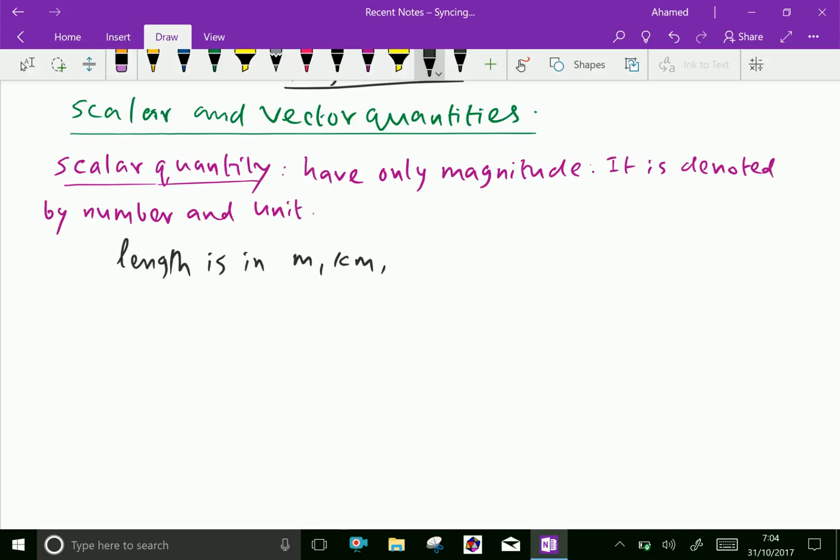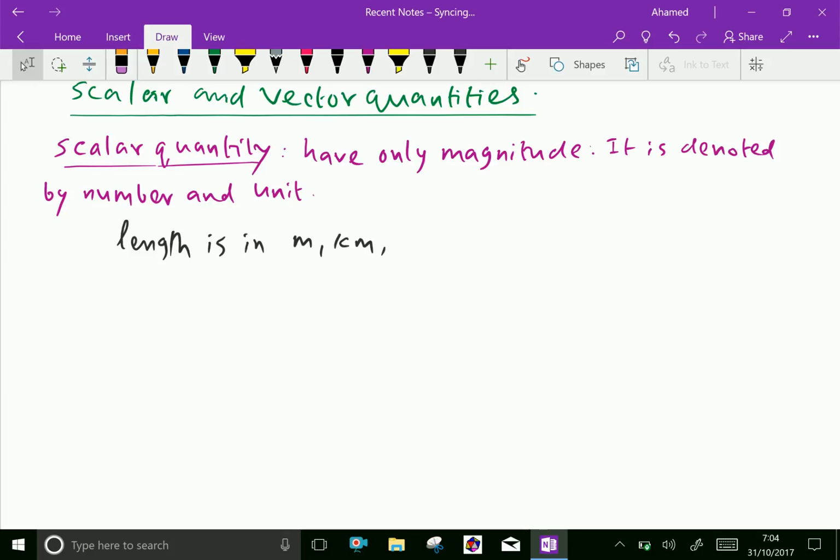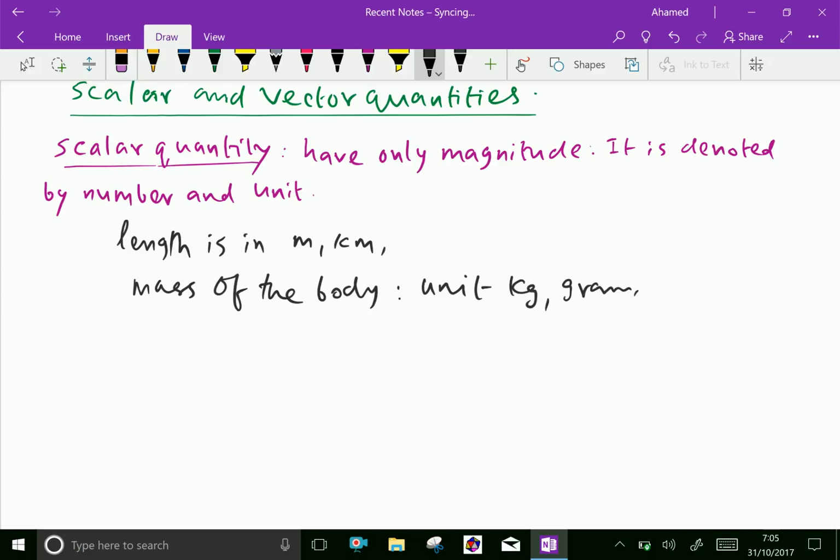Like this, suppose the mass of a body, not weight, mass. The unit is kg, gram, milligram, like that. Here, we are not considering the direction of measurement.